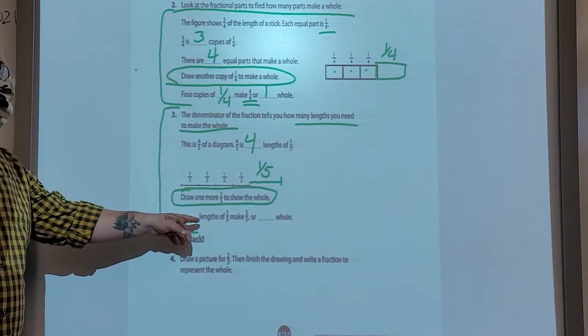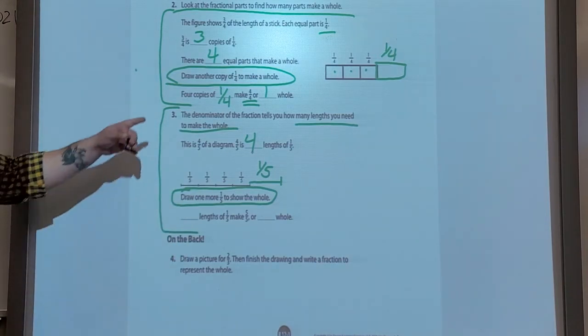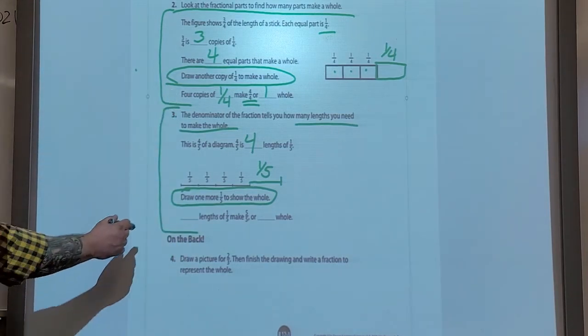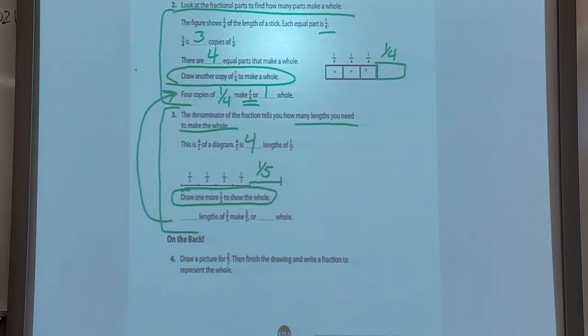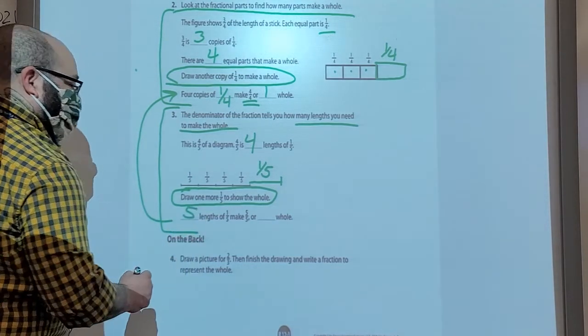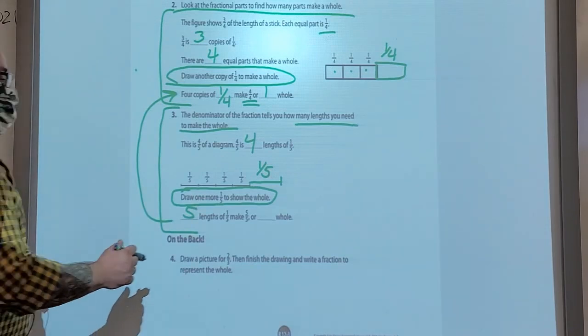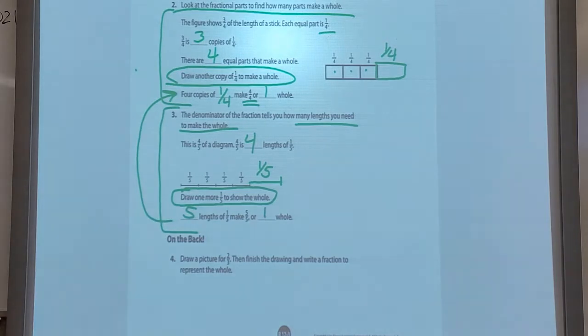Good. Blank lengths of 1/5 make 5/5 or blank whole. Remember, this is the same question as this one. It's the same question as that one. How many lengths? Sellers? 5. 1 whole. 5 lengths of 1/5 make 5/5 or 1 whole.